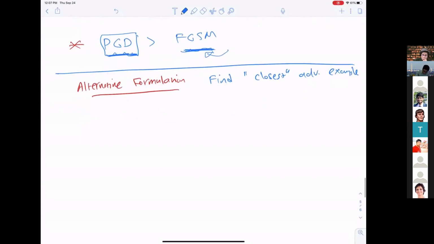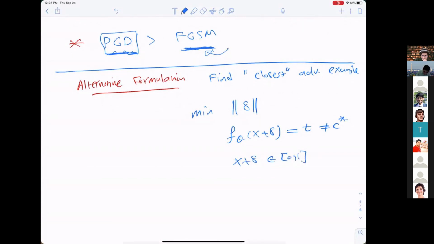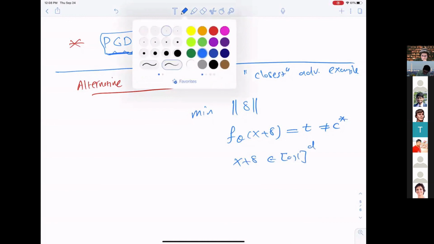So in that case, our optimization simplifies to: I want to find the minimum perturbation, let's say within an LP threat model, such that my model, when I'm perturbing my X, is going to produce a targeted label T, which is not equal to the true label that I have. And I want, of course, my X plus delta to be a valid image. Pixels are normalized between 0 and 1, so these are often called box constraints.